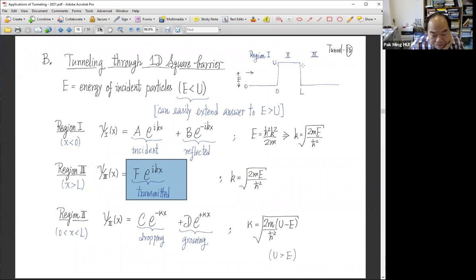So you have this, and then in region 2, this barrier region, you have e to the minus kappa x and plus kappa x.